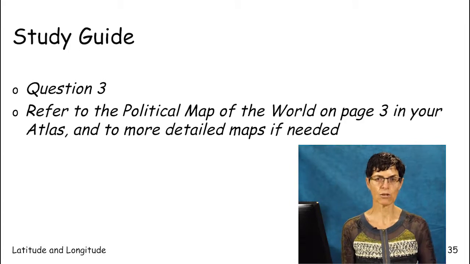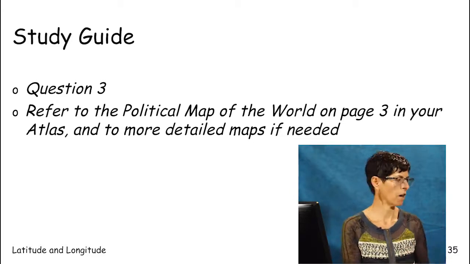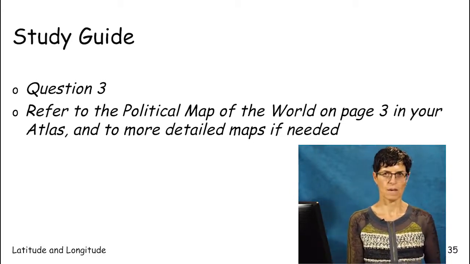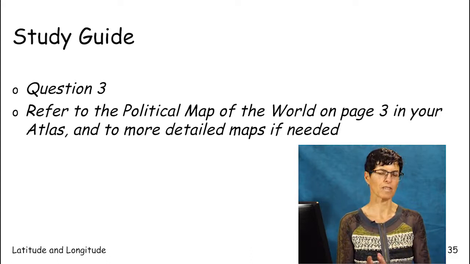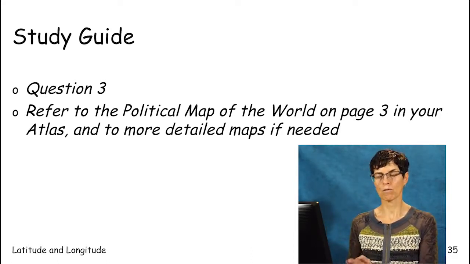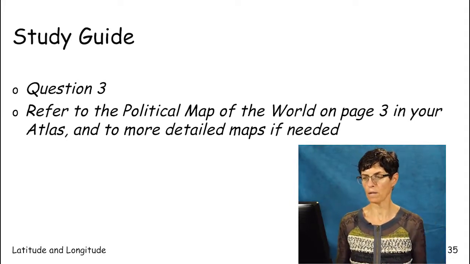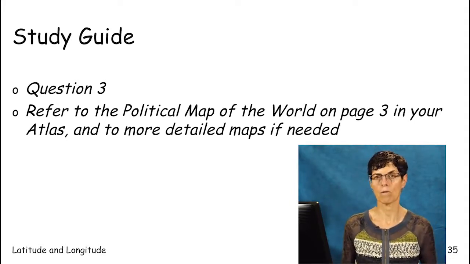Now in your atlas, you have to be careful. There are 3 sets of numbers. So you have the first set of numbers, then you have city maps, that's the second set of numbers, and then you have world maps, that's the third set of numbers. So you're going to find the political map, page 3, in the third set of numbers.